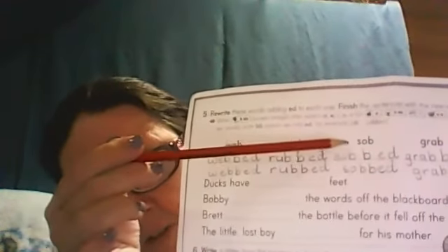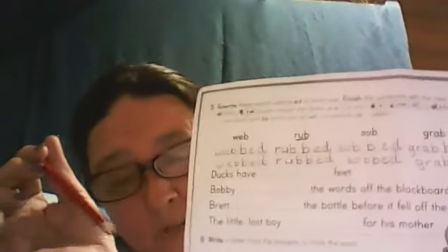And then we've got the word sob, and we wrote sobbed. But we didn't like it too much because it had spaces in the middle of our word, and spaces in the middle is not very good. So then we wrote it again, sobbed. And then we saw the word grab, and we wrote grabbed. But it had some spaces in, so we wrote it again, grabbed.